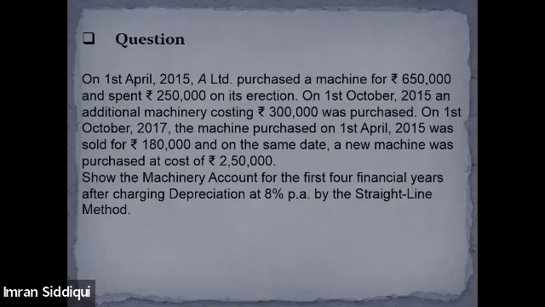A new machine was also purchased at a cost of 2,50,000. So two things are happening in the year 2017-18 on 1st of October 2017: firstly, we sold one old machine, and we bought a new machine as well.